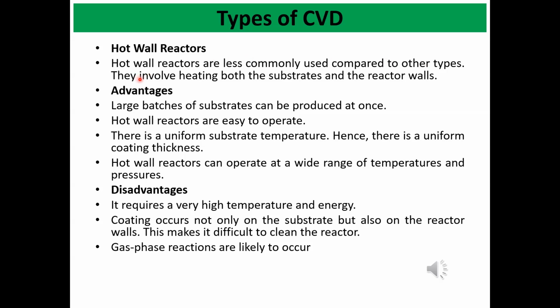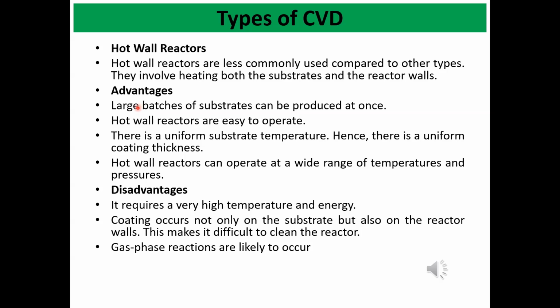They involve heating both the substrates and the reactor walls. So in case of hot wall reactors, at the same time, both the walls of the reactors as well as substrate is heated simultaneously. So there are certain advantages which are associated with the hot wall reactors.